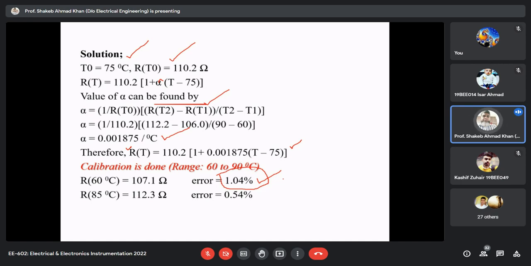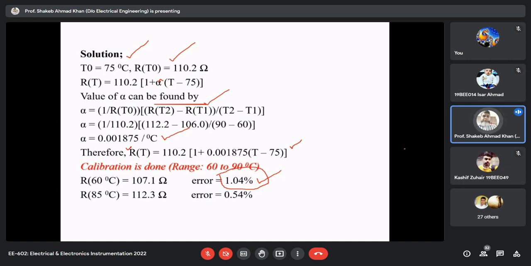Now if you are going to purchase this thermometer for measurement of temperature, and if your accuracy requirement is plus minus 1%, then there is no issue. But if your accuracy requirement is plus minus 0.5%, obviously this calibration is not suitable. And if you are a manufacturer, then to meet the customer's requirement you have to go to the next stage, that is called quadratic approximation.